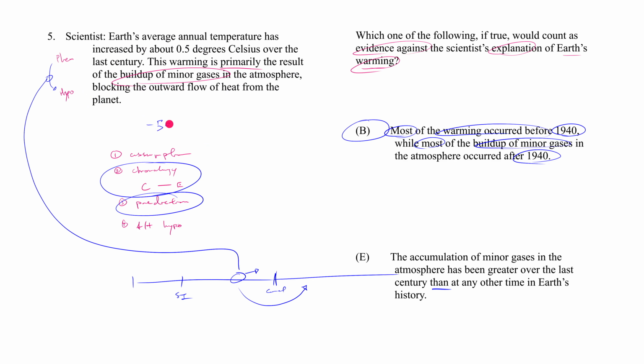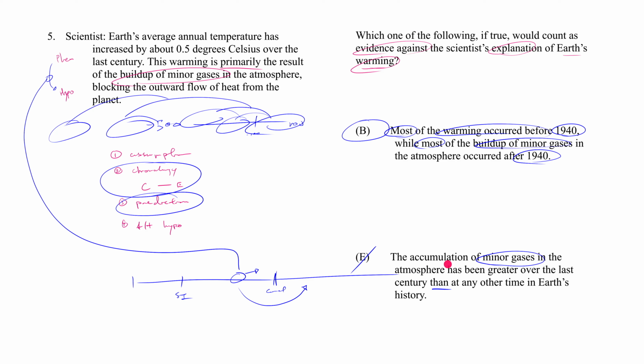I say this as a way for you to contrast the right way to do it against the way that E did it. E merely said that in the last 100 years, the accumulation of minor gases has been greater compared to any other 100-year stretch in Earth's history. None of it compares against how much we accumulated in the last 100 years.